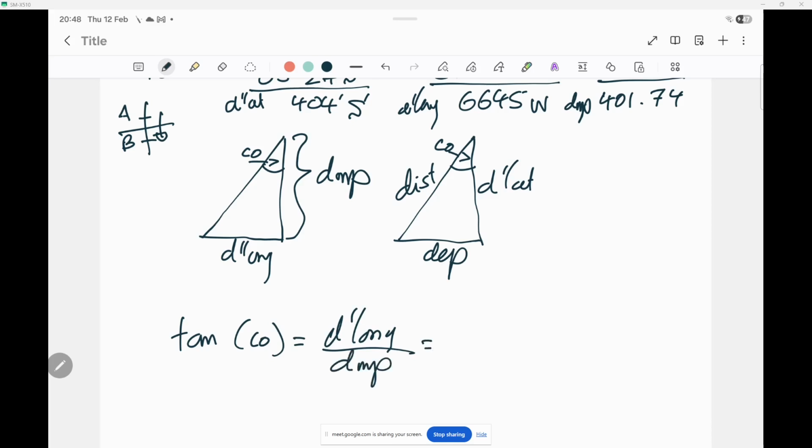D long is equals to 6,645, so this course is going to be very close to 90 degrees. But anyway, let's see. DMP is 401 decimal 74. That means 6645 divided by 401 decimal 74, which is going to be 16.54.